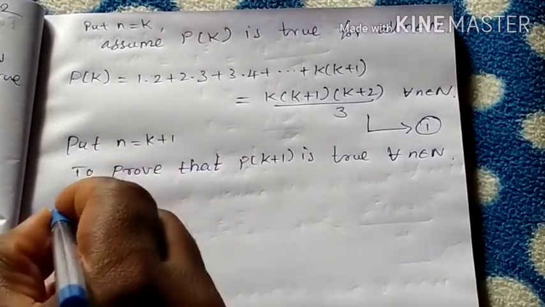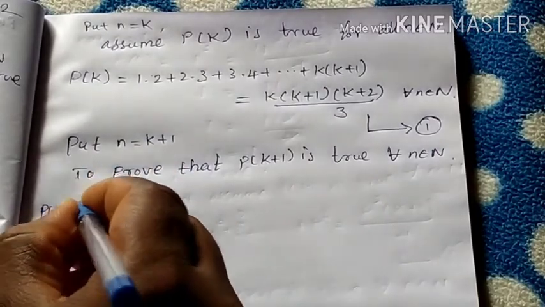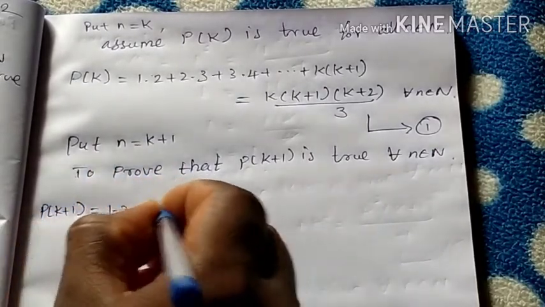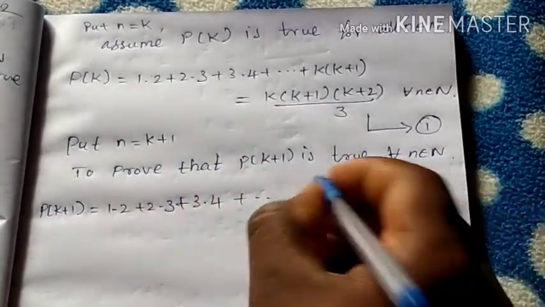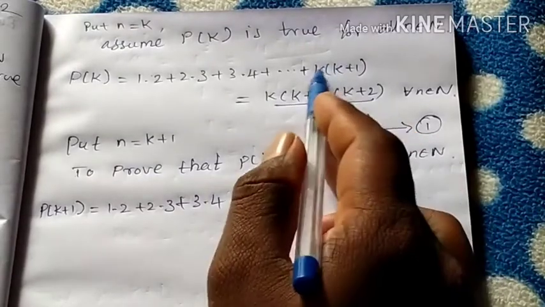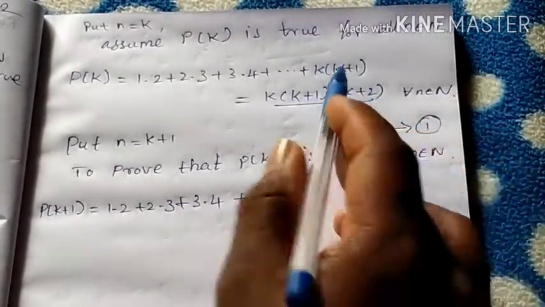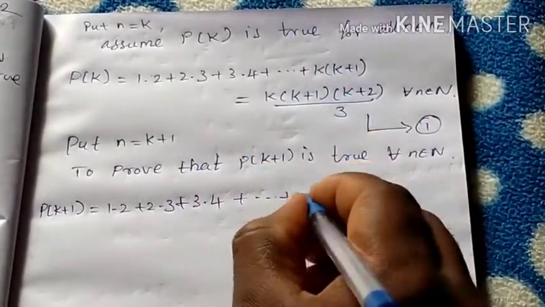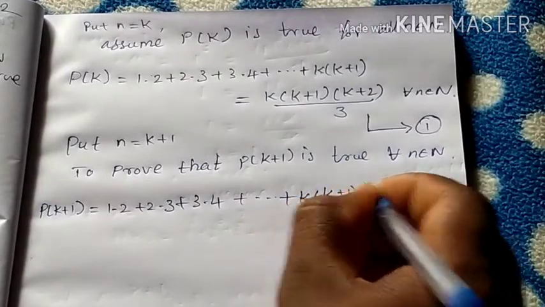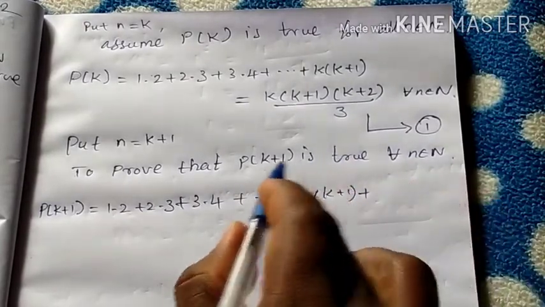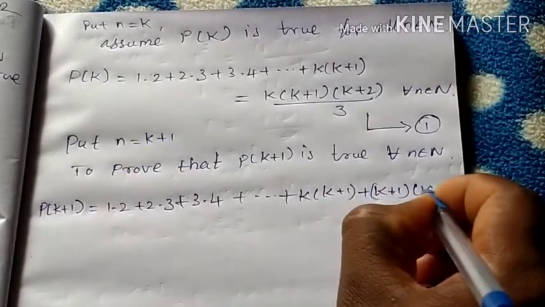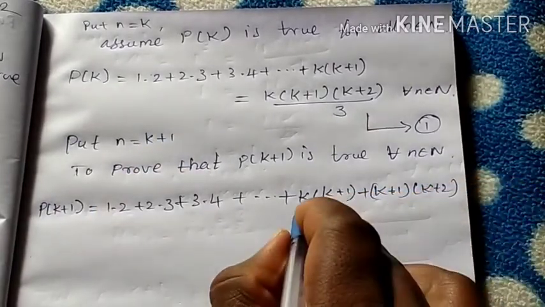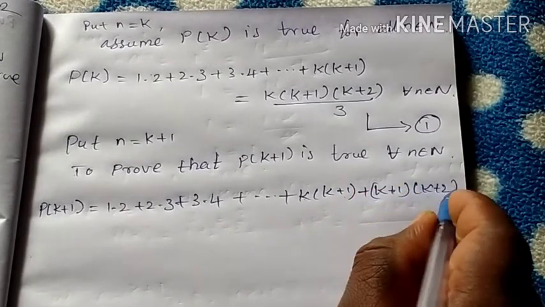Okay, so p of k+1 equals 1 into 2 plus 2 into 3 plus 3 into 4 and so on plus. So now k is replaced, this is the kth term. Okay, so k into (k+1) plus, next write the (k+1)th term, (k+1) into (k+2).